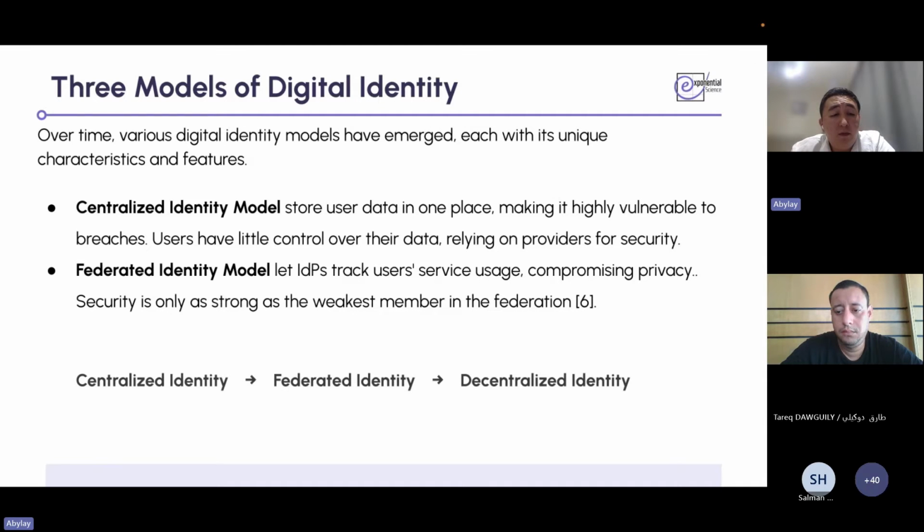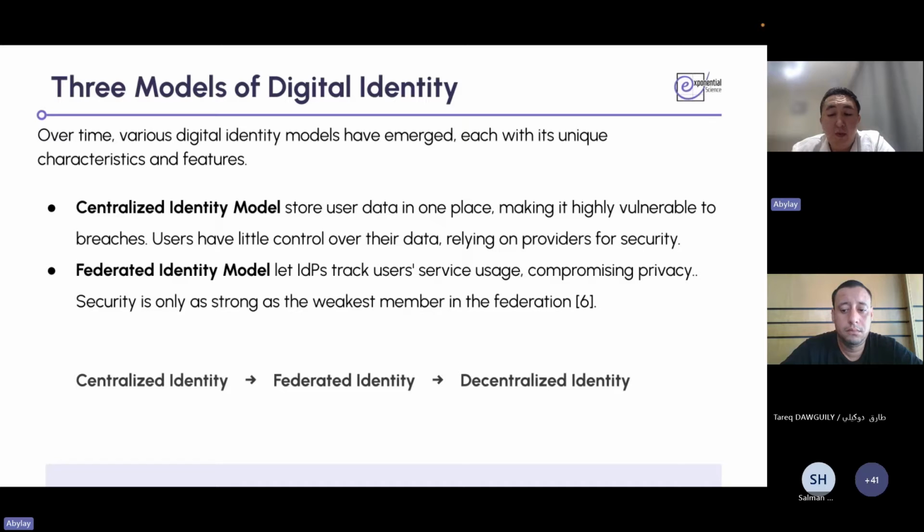Then in 2007-8, with the emergence of protocols like OpenID, we got the federated identity model, which brought some user-friendly features: you can create an account with one service provider and use it with multiple service providers.